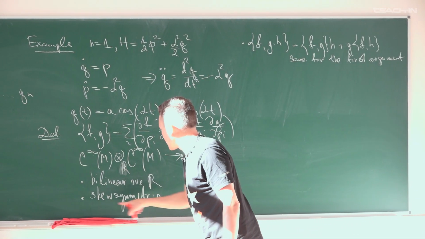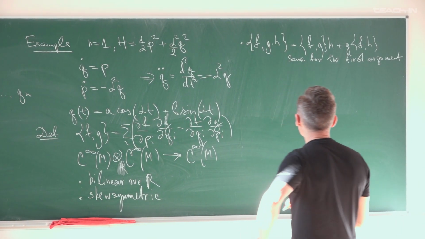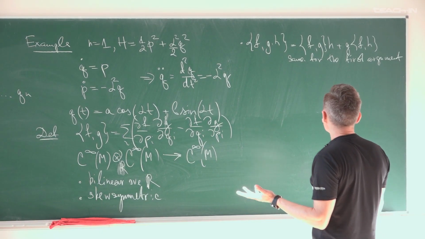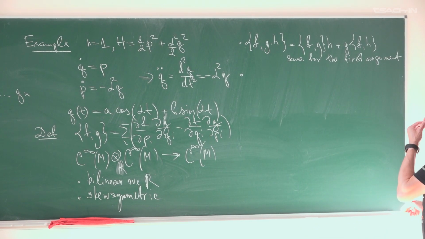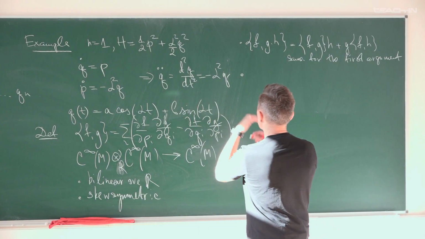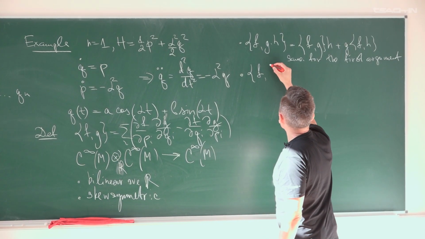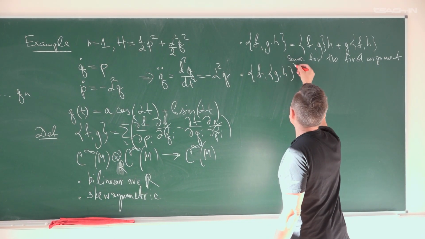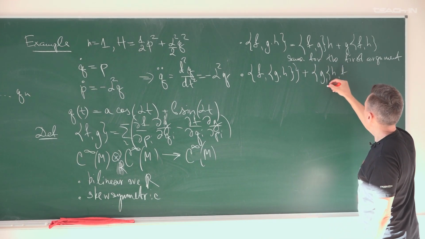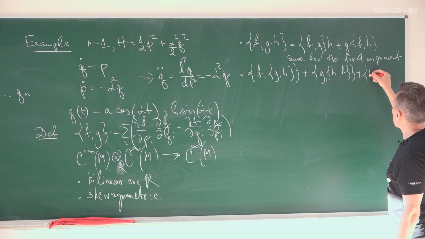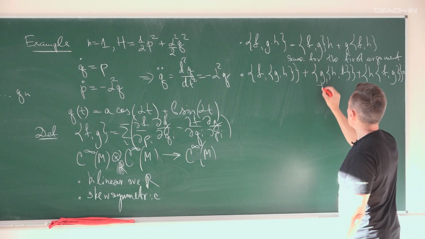It is a consequence of the skew-symmetry of this operation. And maybe the most important and structural condition of this operation is the Jacobi identity, which we know from the definition of a Lie algebra: the bracket of f, g, h plus the cyclic permutations g, h, f plus h, f, g equals 0. Jacobi identity.